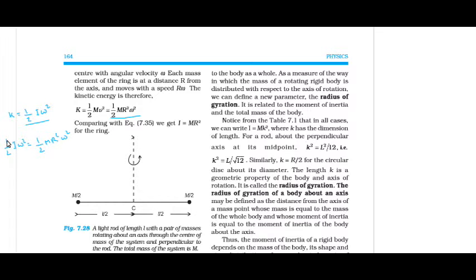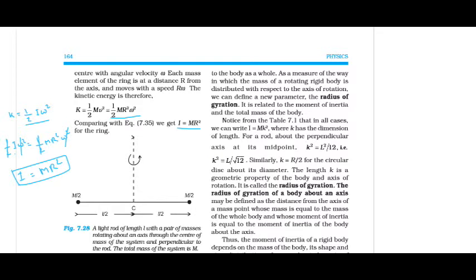If we cancel the common terms, what is left is I is equal to m r square. So the moment of inertia of a ring is this much.